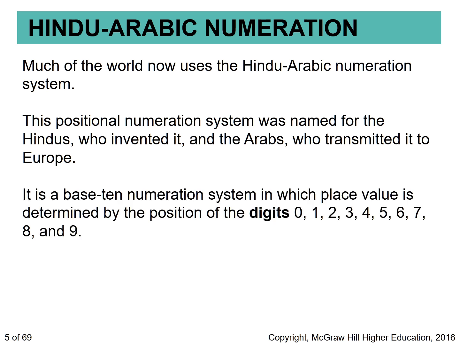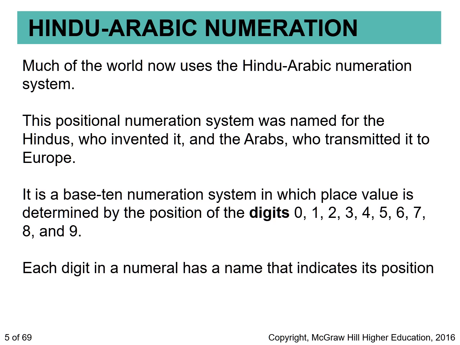So we only have these digits that we use, and we regroup after we get groups of 9. So the digit in the numeral has a name that indicates its position.